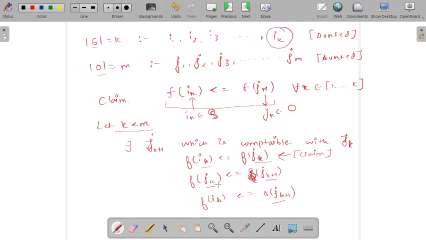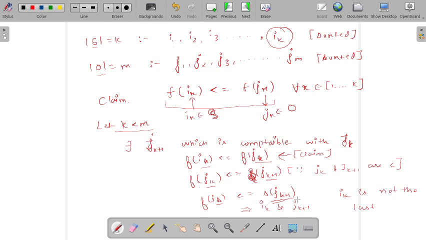So the finishing time of Jk is less than or equal to the starting time of Jk plus 1, since Jk and Jk plus 1 are compatible. From these, we can conclude that the finishing time of Ik is less than or equal to the starting time of Jk plus 1, which implies that Ik and Jk plus 1 are compatible. That means Ik is not the last job.